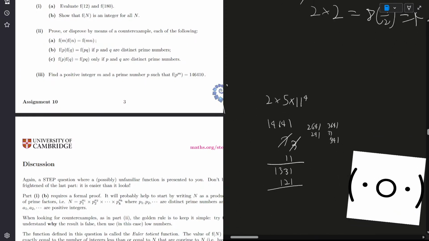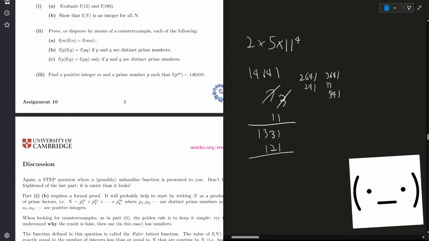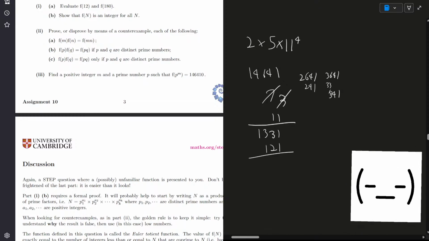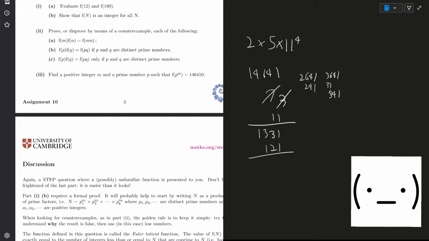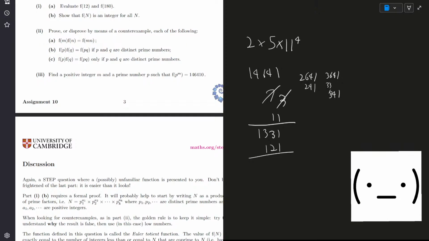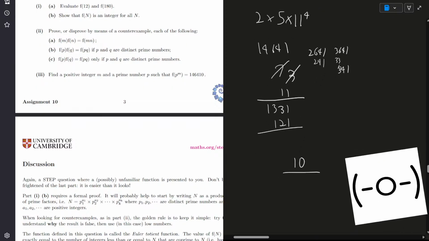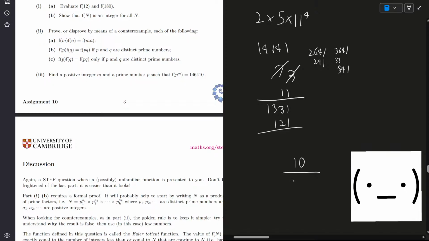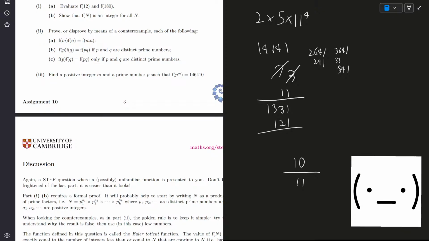Now we need to figure out a prime number p and an m that creates this. Difficult. Now my thinking is that 10 could be here. This would mean this would have to be 11, right?